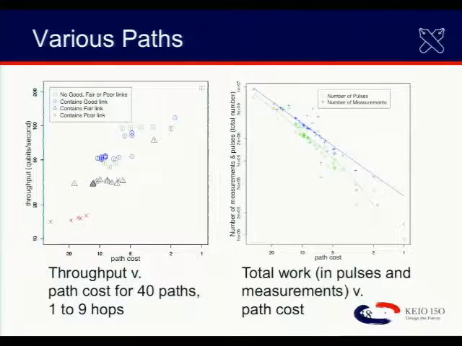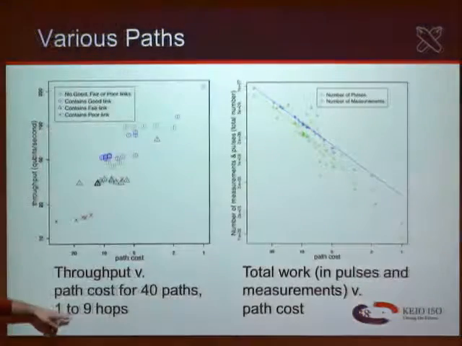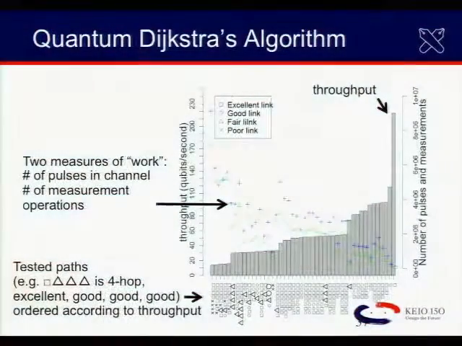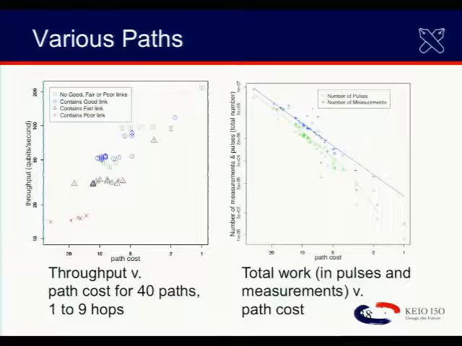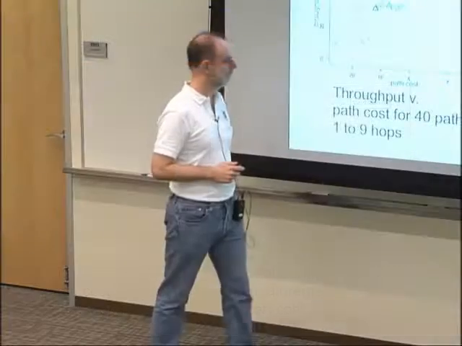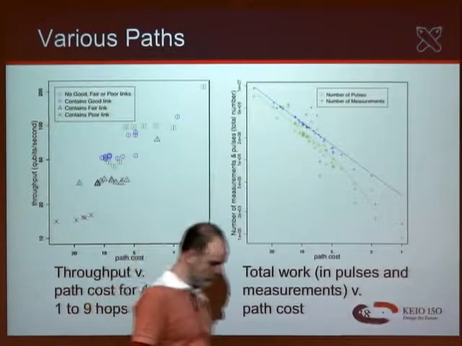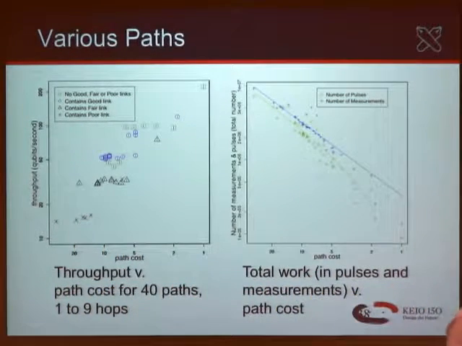A little more detail: these are for 40 different paths, the same 40 paths that are in this diagram here. But these cover distances ranging from 1 to 9 hops with different combinations of high and low quality links in this.